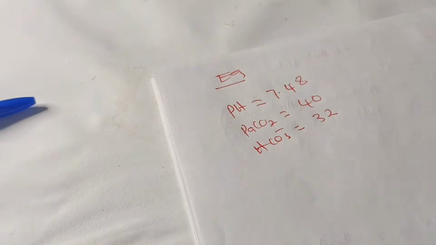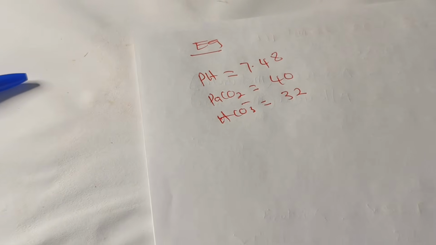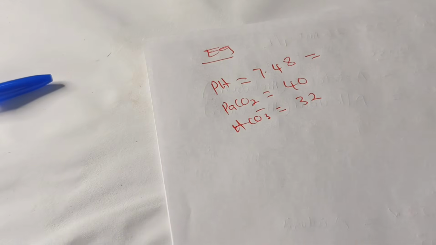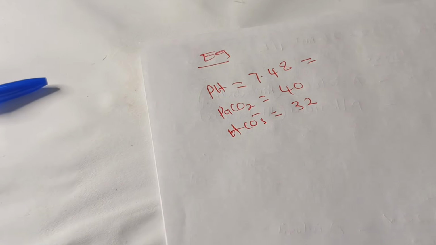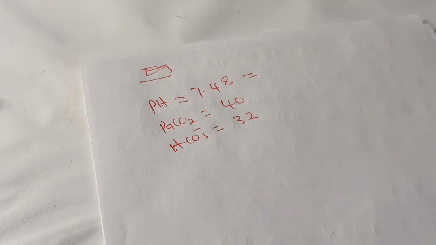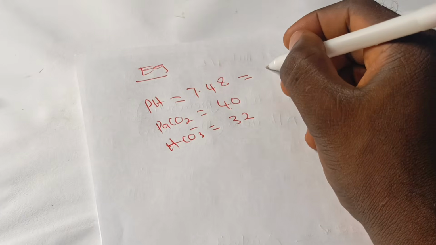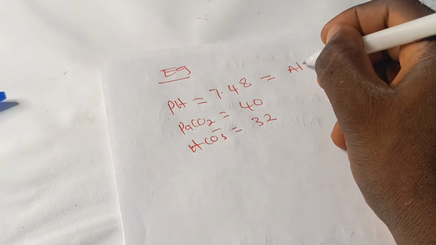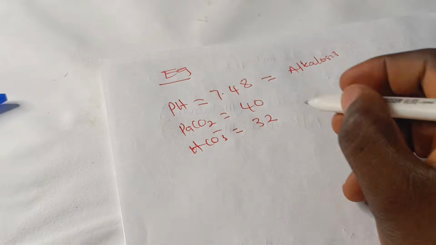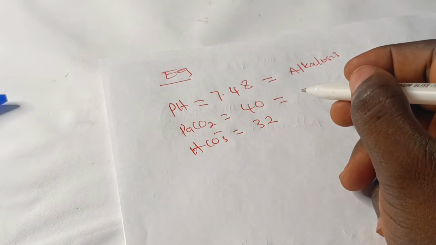So first rule is to look at the pH, right, and interpret it. So let's interpret the pH. Here, is it normal? No, it's not normal. What does it signify? Is it more or less? It's more. So this is alkalosis. This guy, is it normal?